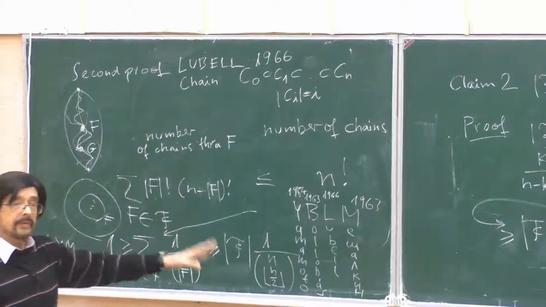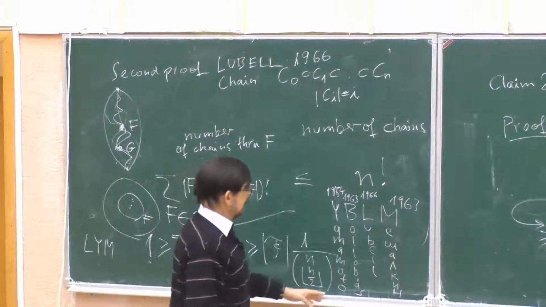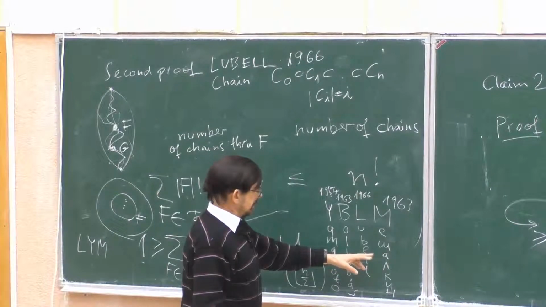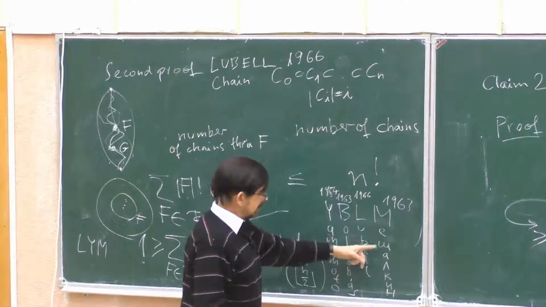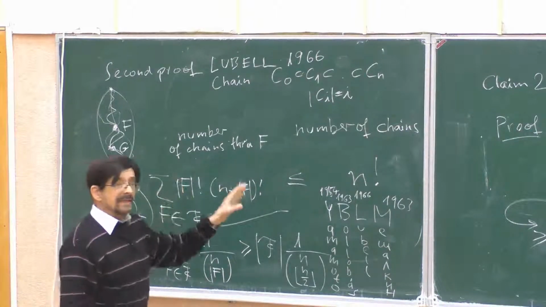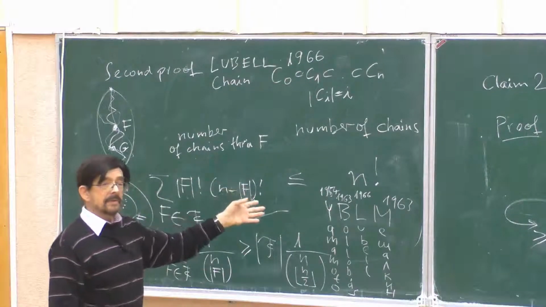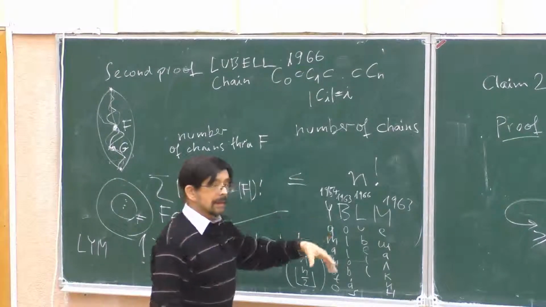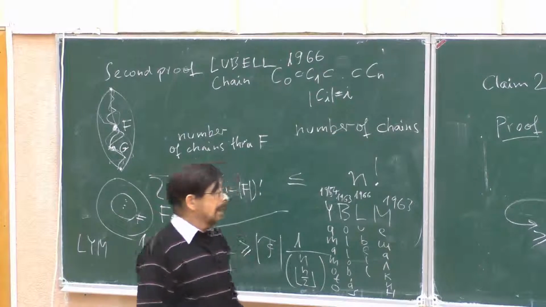The other proofs were different, and Meshalkin already generalized Sperner's theorem, so he had this inequality in a more general form.